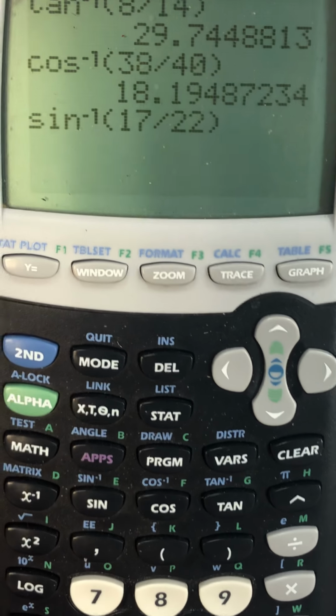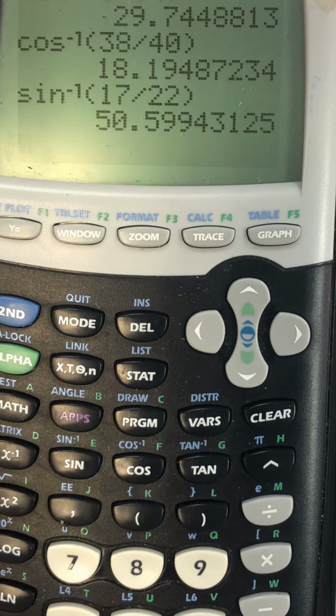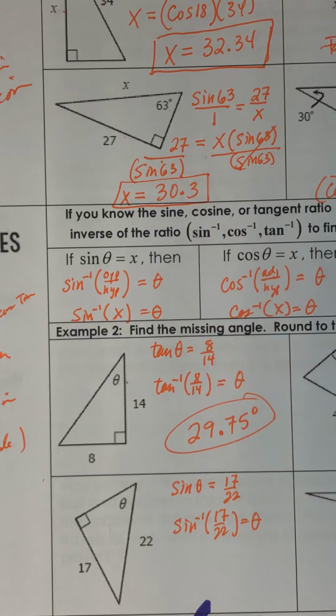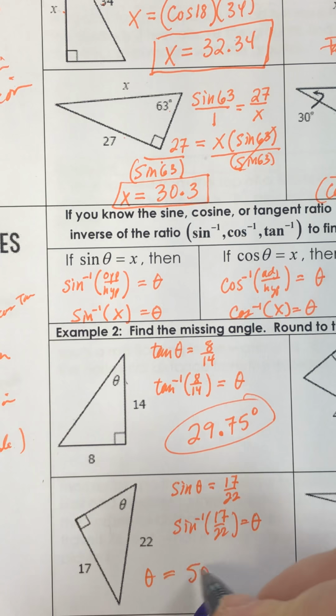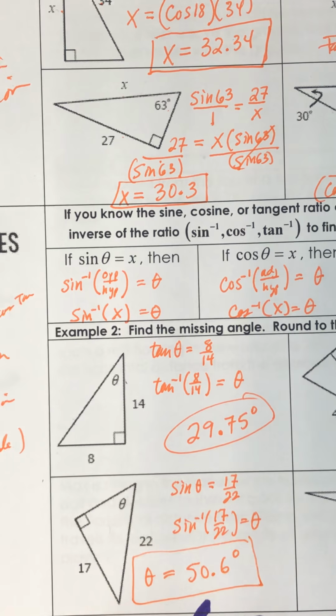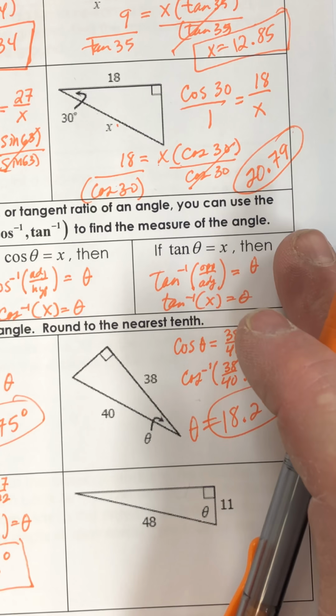That looks right. And we get 50.599, so 50.6. So the angle equals 50.6 degrees. And don't forget the little degree symbol because this is an actual angle, so you have to use that notation.